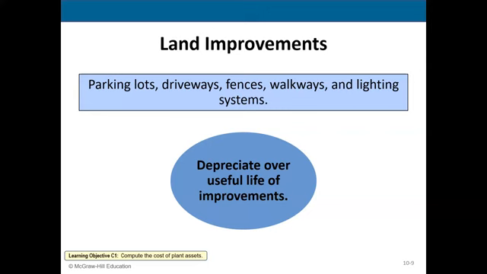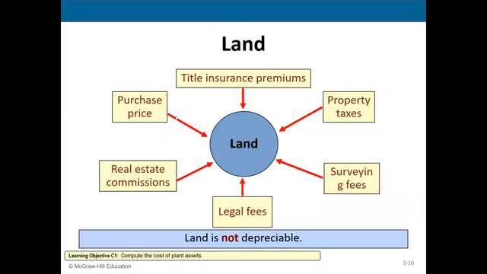The improvements that we make to the land do depreciate. But why? The parking lot cracks. The driveway eventually falls apart because of the roots underneath it. The fence is going to fall down eventually. Walkways develop cracks. The lighting systems eventually break. Those things depreciate, but the land itself does not.